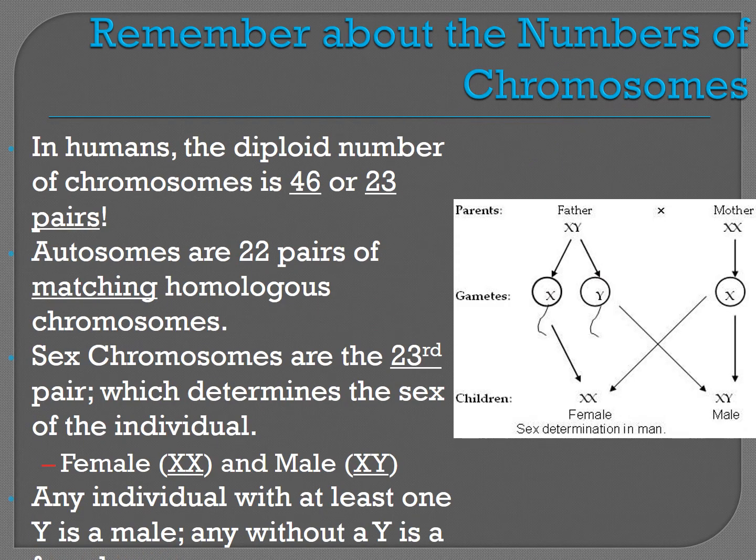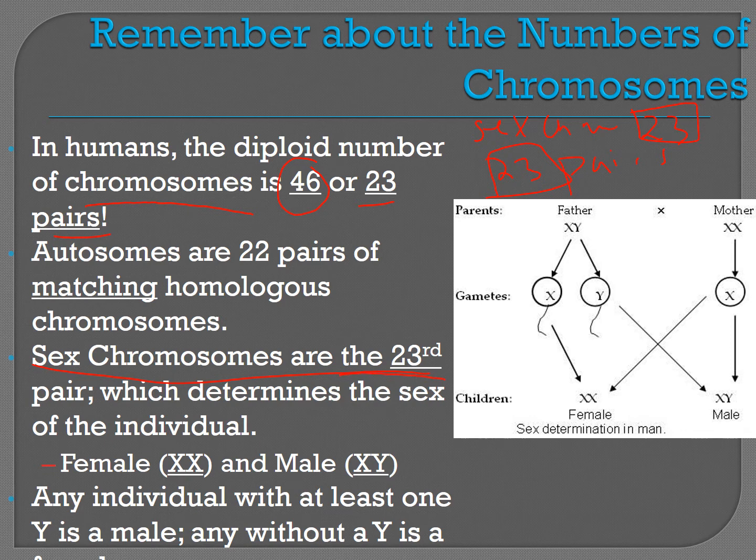So just as a quick flashback, remember as humans we have 46 chromosomes and that is 23 pairs. Hint for you, remember sex chromosomes is number 23 on the karyotype, right? And we have 23 pairs. So just remember number 23. Autosomes are the first 22 pairs. Sex chromosomes is the 23rd pair.